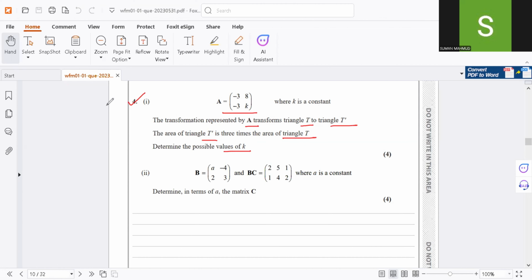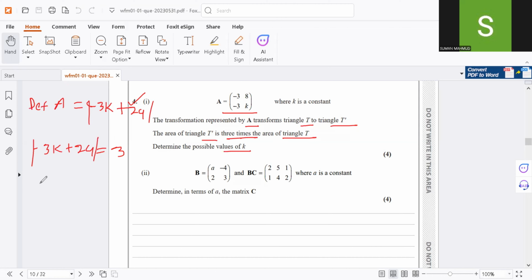At first we have to find the determinant of A. The determinant of A equals minus 3k plus 24, in modulus, and this equals 3.